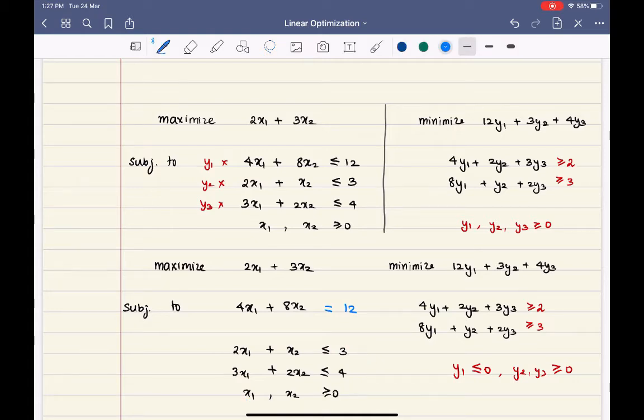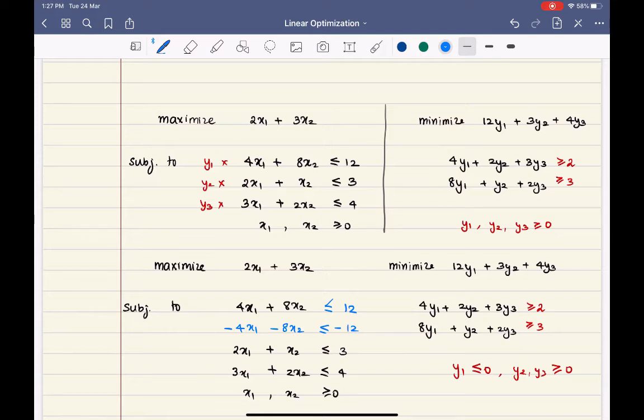So 4x1 plus 8x2 equals 12. This means this, along with 4x1 plus 8x2 bigger than or equal to 12, which translates to minus 4x1 minus 8x2 less than or equal to minus 12.